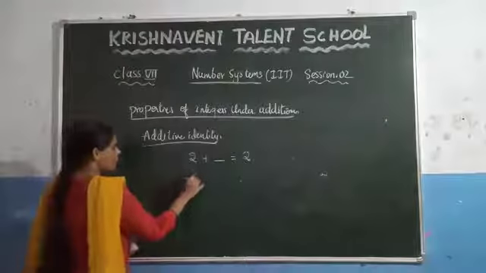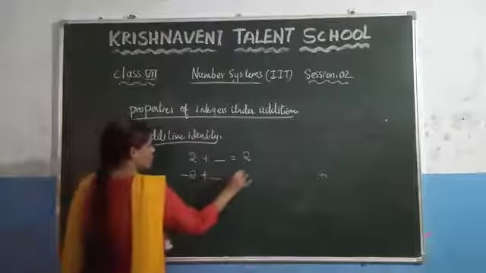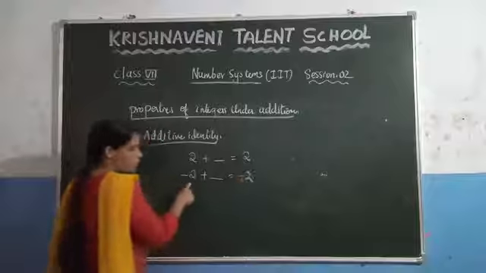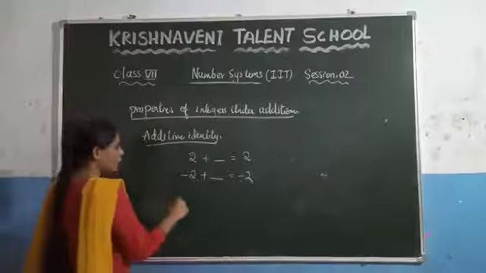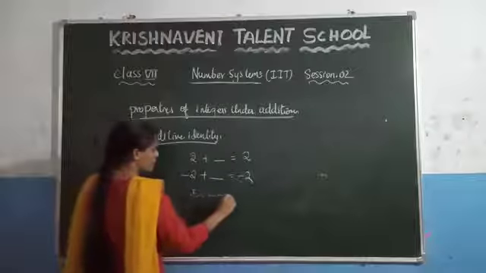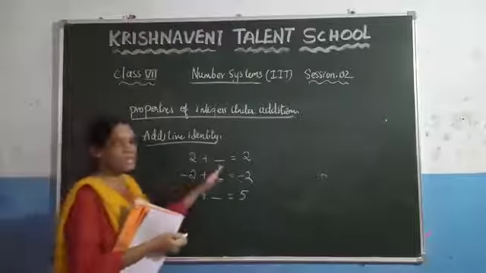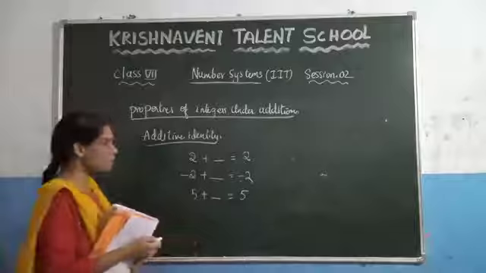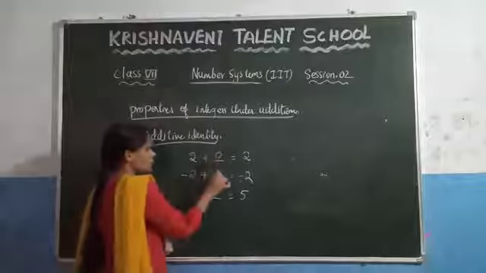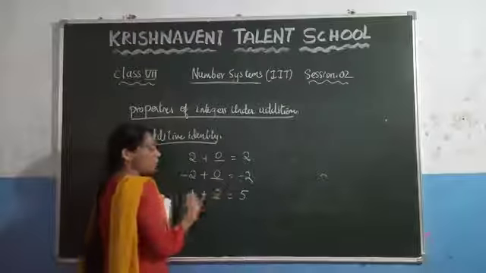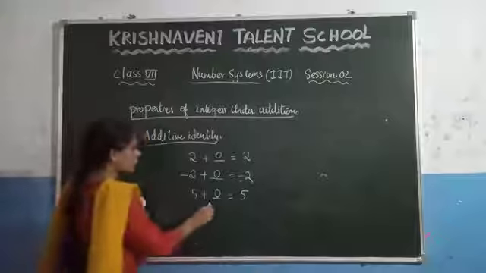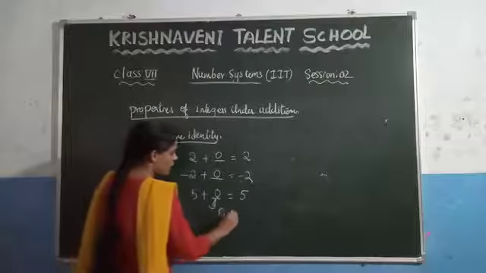Consider here minus 2 plus something, you have to get the same number we took earlier, and consider a few more numbers, 5 plus this one, you have to get the same number. Which number do you need to add such that you get the same number? You know that if you add 0 to any number you will get the same number. So this 0 we call an additive identity.